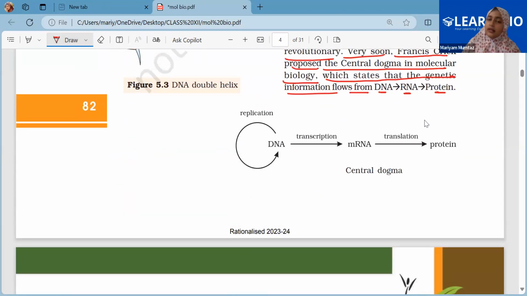Now, the DNA will form more DNA by DNA replication. The DNA will form mRNA by the process of transcription. The mRNA would form protein by the process of translation. So, this is how the genetic information flows, and this is the pathway that it will follow.